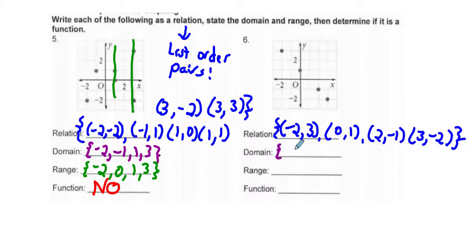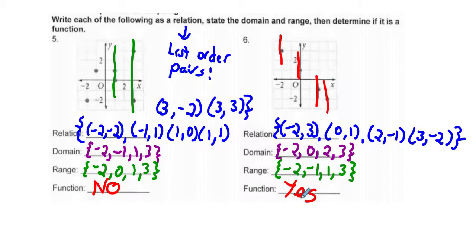So -2, 0, 2, and 3. Our range is our y values, which would be -2, -1, 1, and 3. Then testing with the vertical line test. Regardless where I draw this vertical line, it only goes through one point, so this is a function.